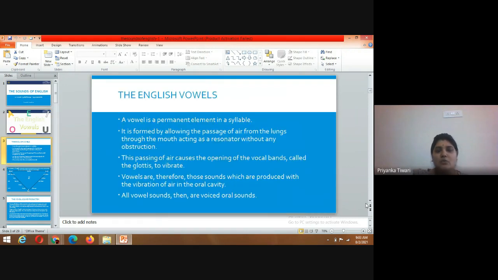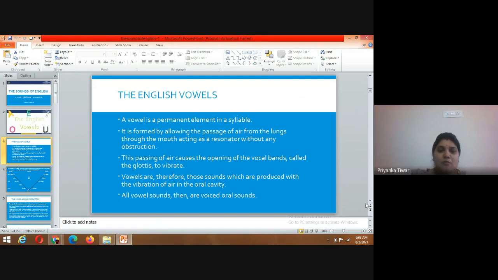The English vowels. A vowel is a permanent element in a syllable. It is formed by allowing the passage of air from the lungs through the mouth, acting as a resonator, without any obstruction.